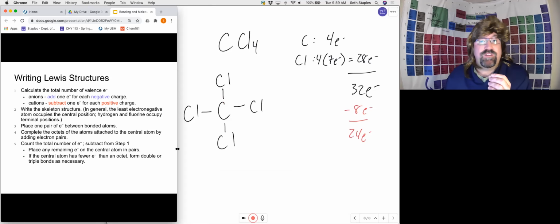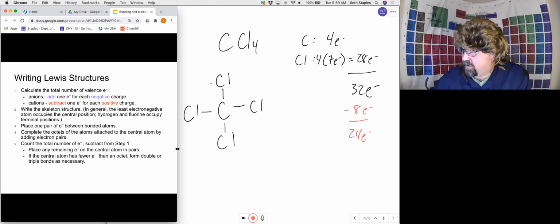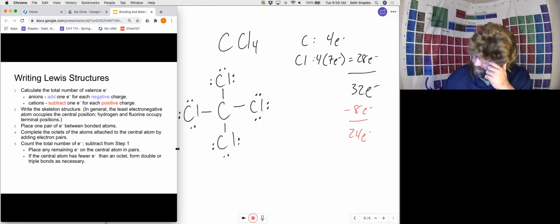So now we're going to start taking some of those 24 and placing them around the outer atoms first in order to form octets. And so each chlorine needs 6 more to form an octet. And so now I've placed those electrons to form octets around each of my outer atoms.